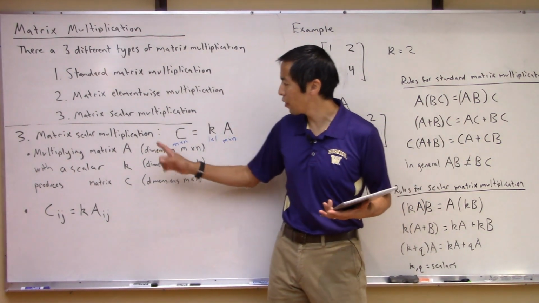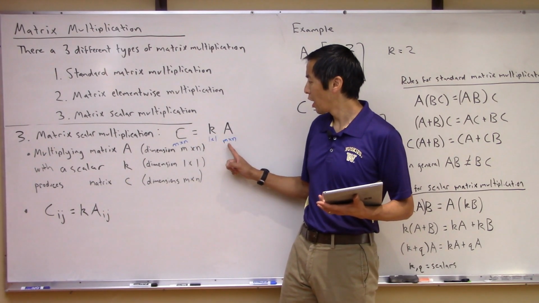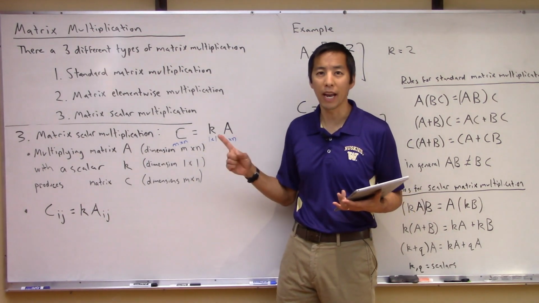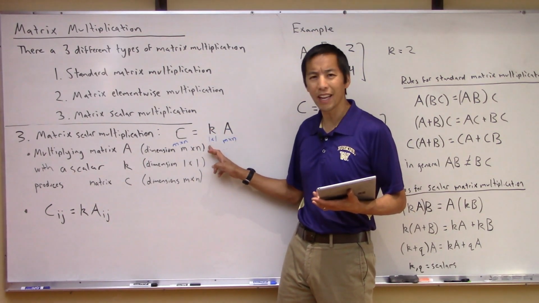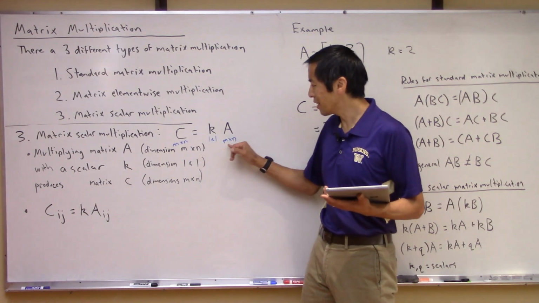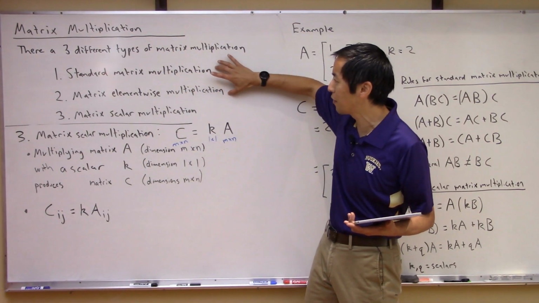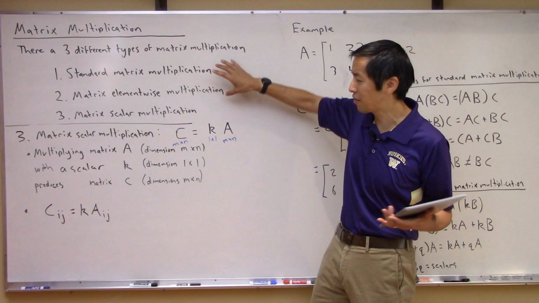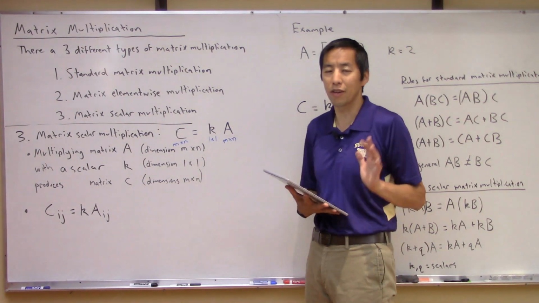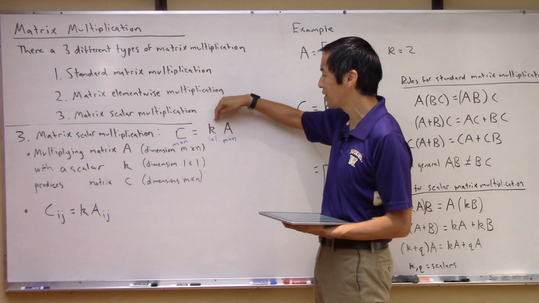When you have scalar multiplication, all we're talking about is that you have an m by n matrix, and you're going to multiply it by a scalar, which you can think of as a 1 by 1 matrix if you want to. So in this case, you can clearly see that, based on these previous two definitions, the dimensions are inconsistent. The inner dimensions don't match, they're not the same size, all that kind of stuff. But in this case, it's okay because this is a scalar.